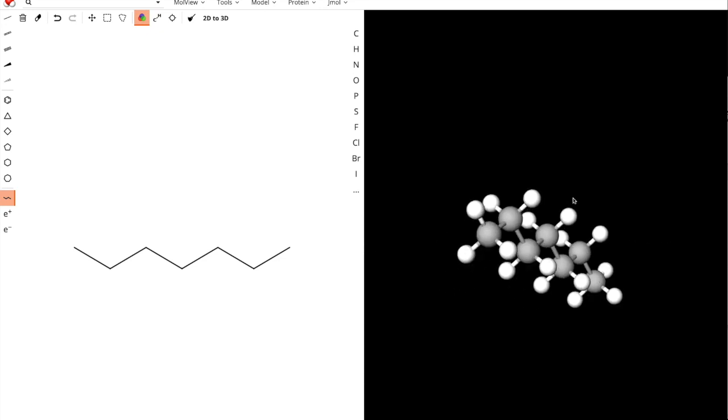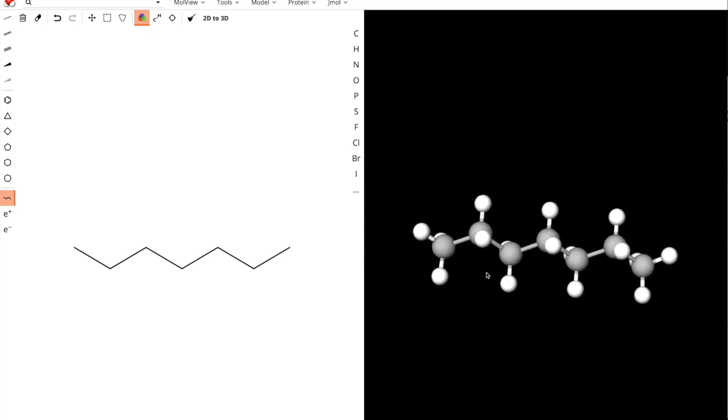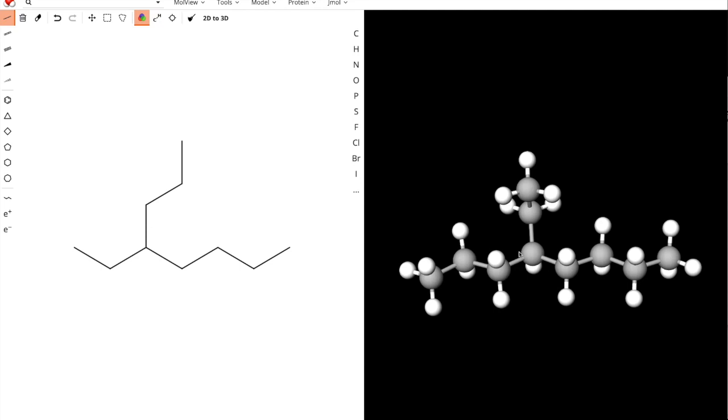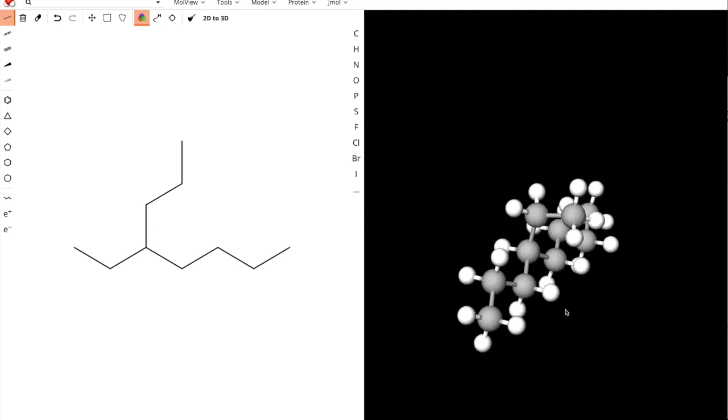Okay, so again, you can see that that's basically it. If I extend this, let me just draw a bunch of carbons coming out. I don't have to put in the carbons, it's implied, and then render that. You can see that that's exactly what's going on.